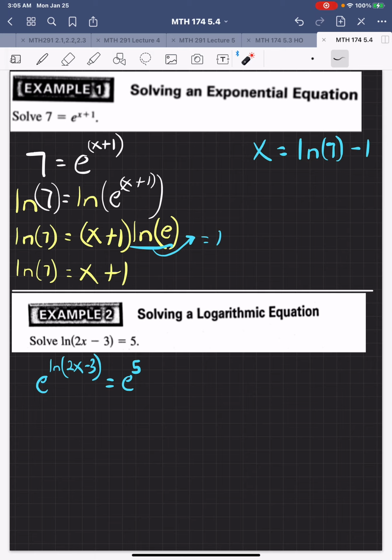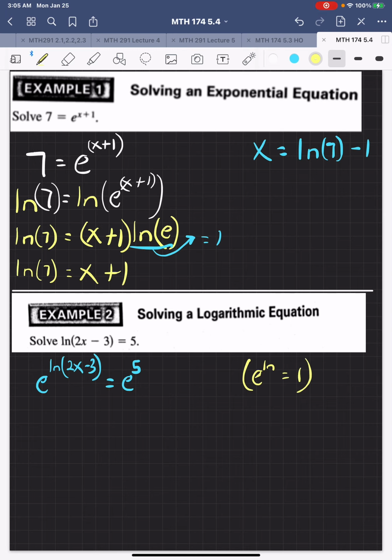And now let's see what happens here. If you recall, anytime you have e to the ln or ln of e, they are going to cancel each other. All right, so at that stage, and I'll just write you a note, this e to the ln is just equal to 1.